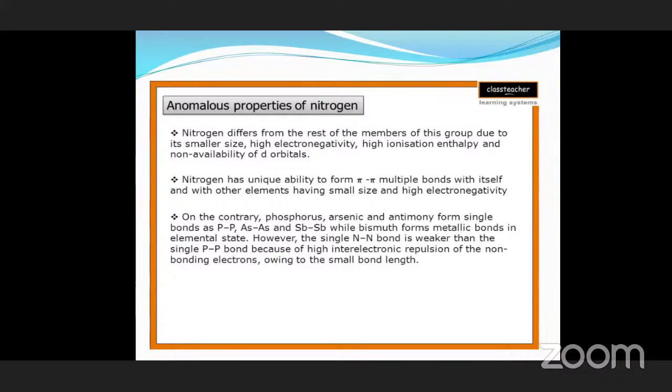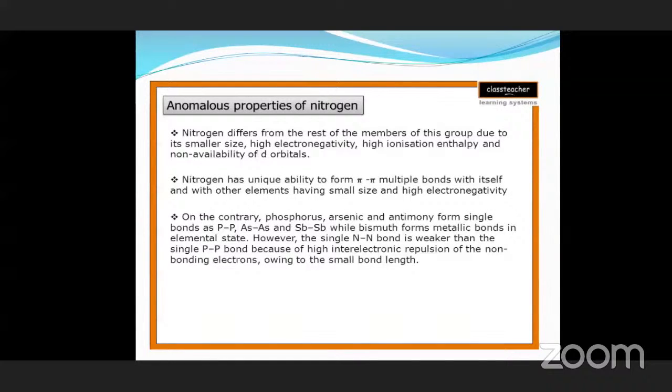That means nitrogen is more stable in the form of triple bonds, whereas phosphorus, arsenic, antimony, these three elements are more stable in the form of single bonds. Why? Because due to the presence of the triple bond, nitrogen will use more bond dissociation energy.